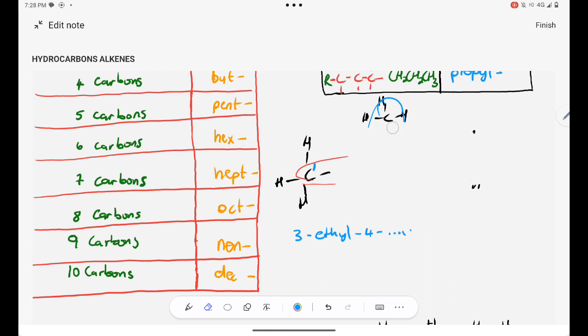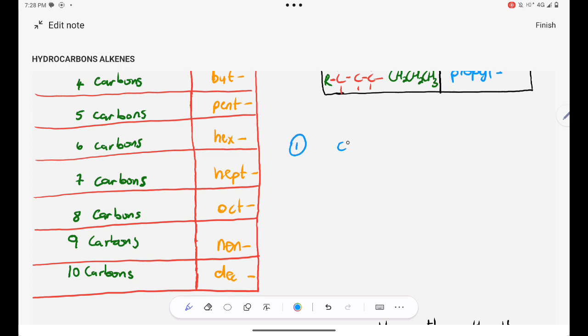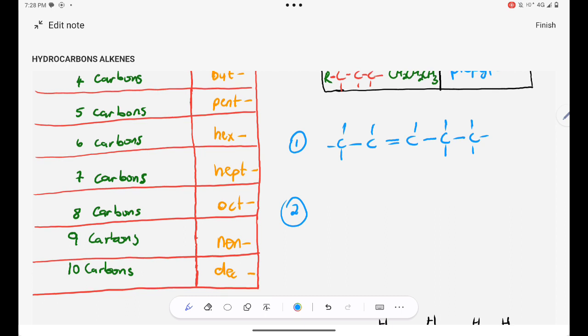Okay, let me write one for you. You can give me the IUPAC name, guys. Please do write in the comment section. The first one, that's number 1, and then number 2.